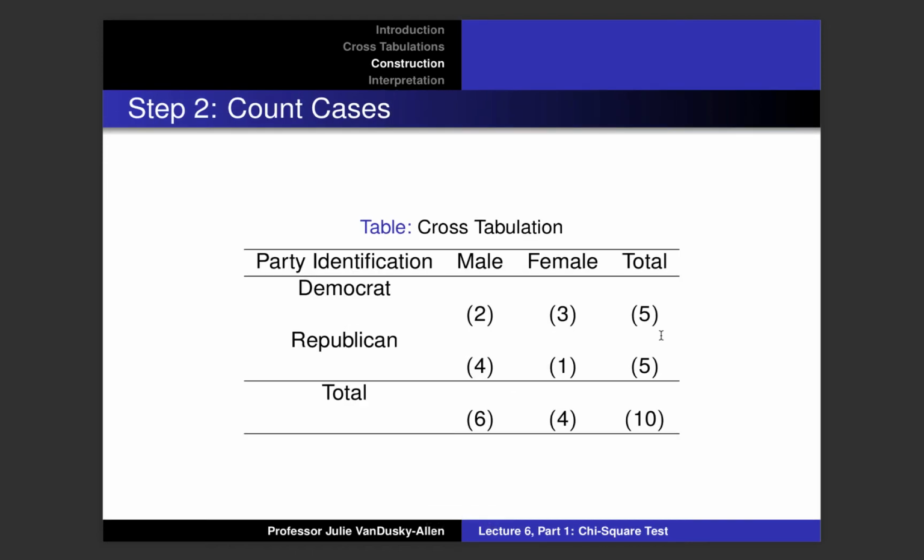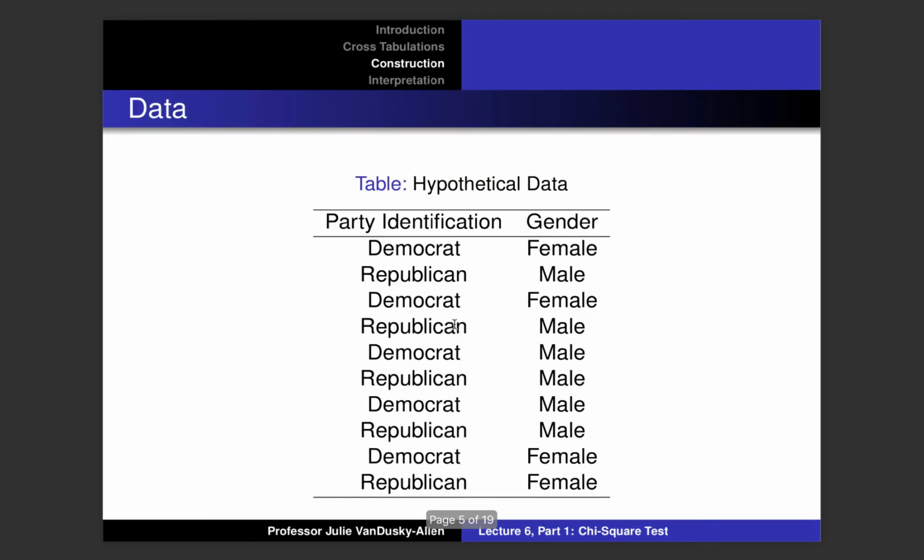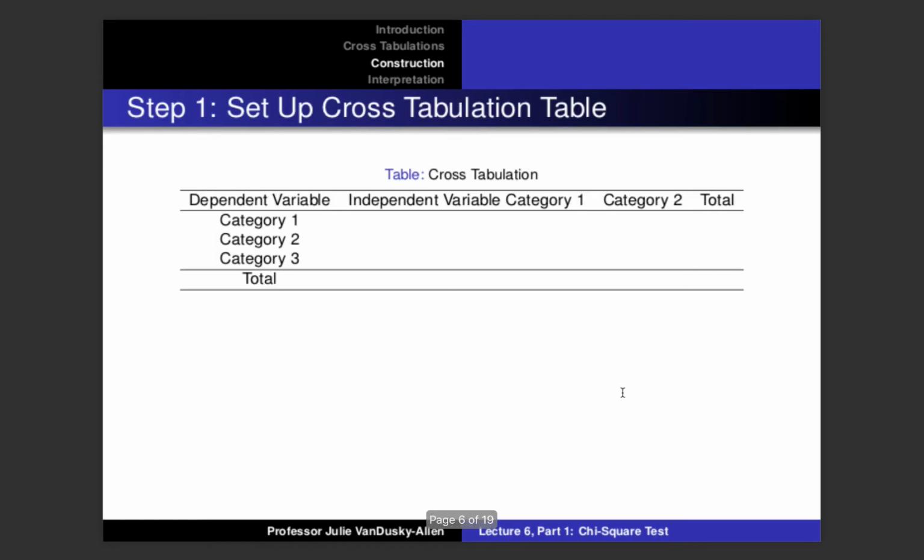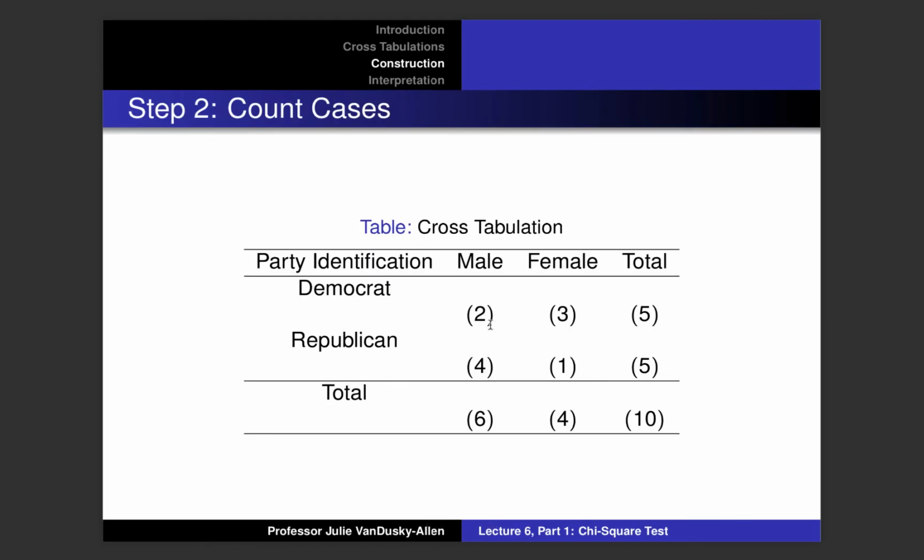After we set up our cross-tabulation table, we have to count how many cases from our data set fit the criteria for each cell. So for example, as you can see here, we have male Democrats. We would go to our data set and look for how many cases fit this criteria. So as you can see, we have 2 male Democrats. So in the male Democrat cell, I wrote the number 2 in parentheses here.